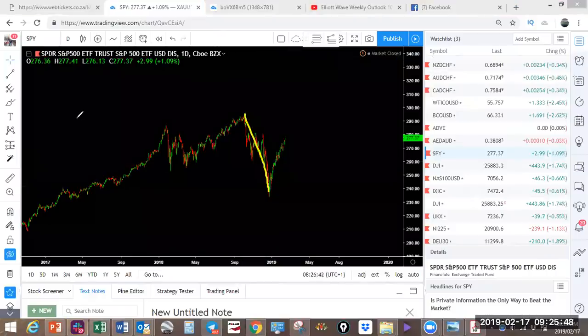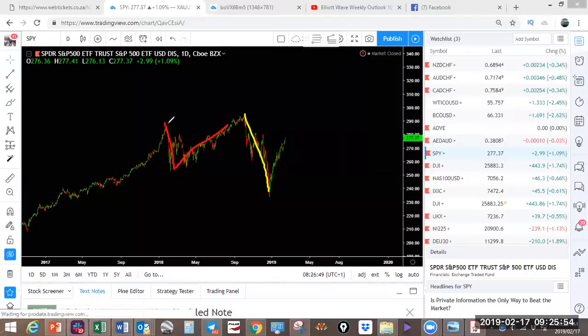When this move was happening, we looked at this even when it was just starting. I was expecting that this would just come back down, retest this top here, come down and then go. I forecasted a regular flat. You always forecast a regular flat, but I know it can be any type of flat correction. It can be an expanding flat, it can be a running flat. So we expect all those possibilities.